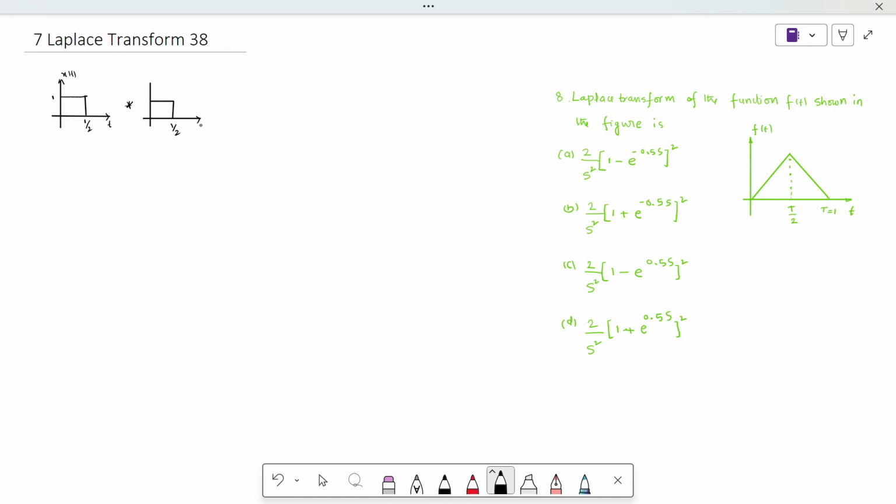So it is also 1 by 2, same signal. So x of t is the resultant signal in time domain.